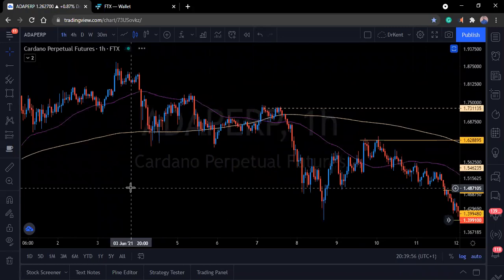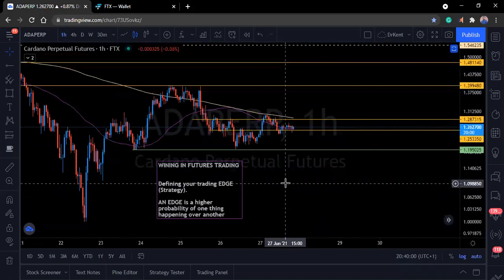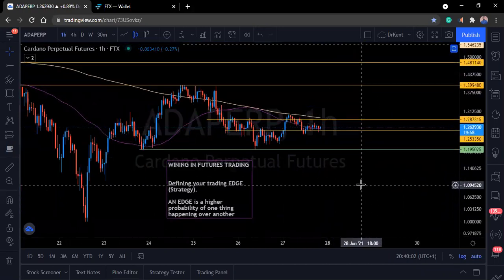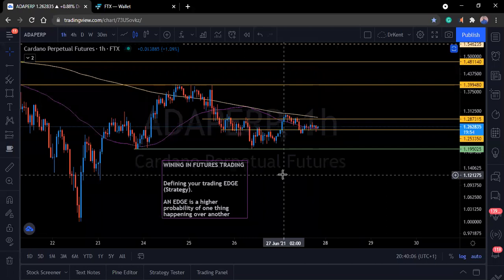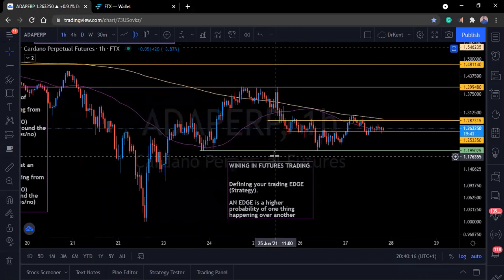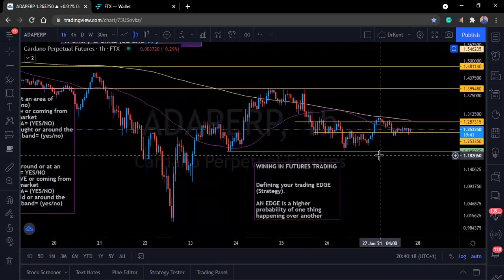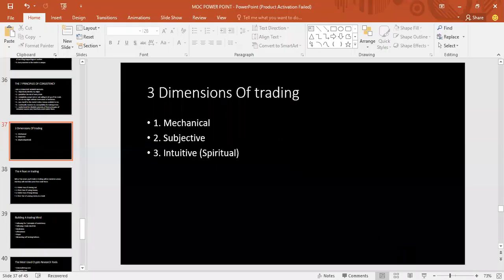So instead of waiting for that unique one edge or two edges or strategy that you want to rely on, you now choose to do anything that you feel suggests to you, from other things you've learned about the market in the past, that it looks like this market will buy from here. So that's what you do in the subjective dimension or model of trading.